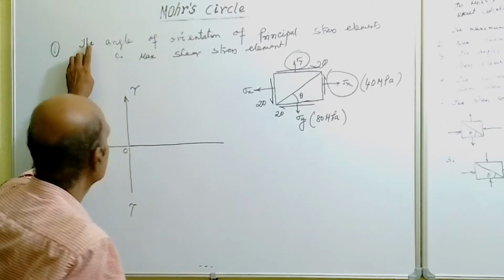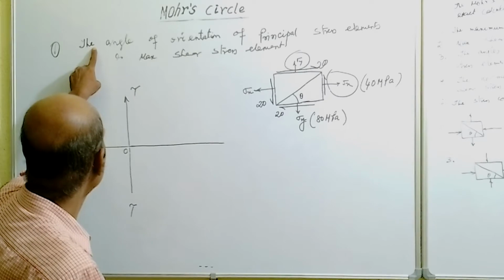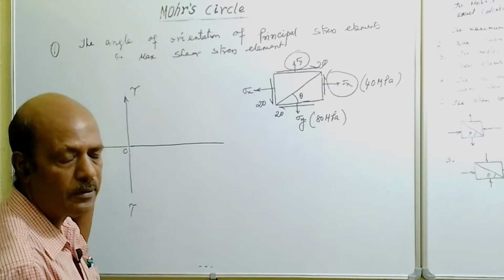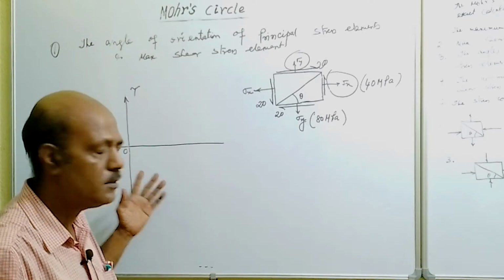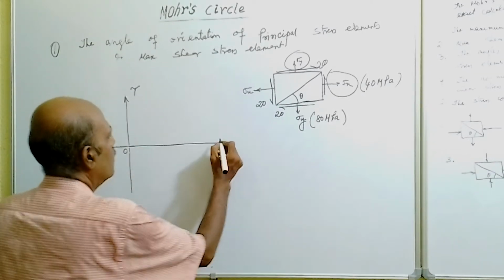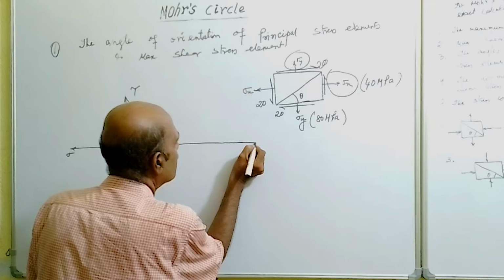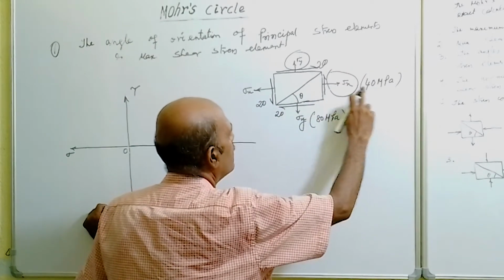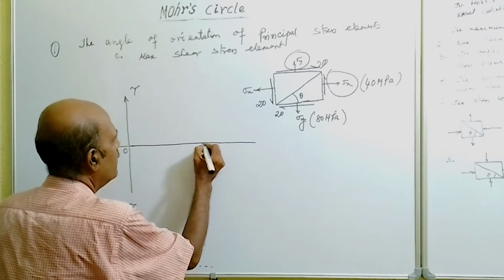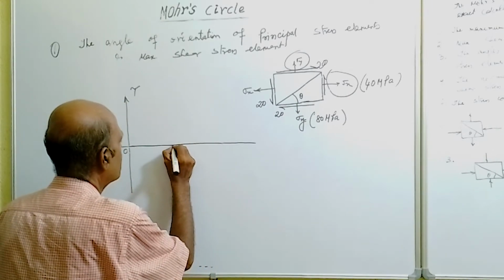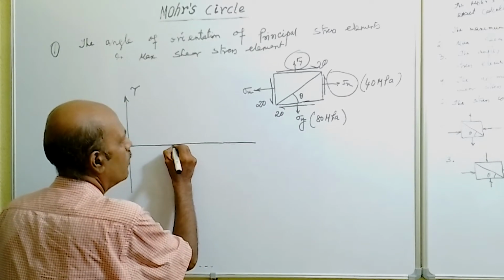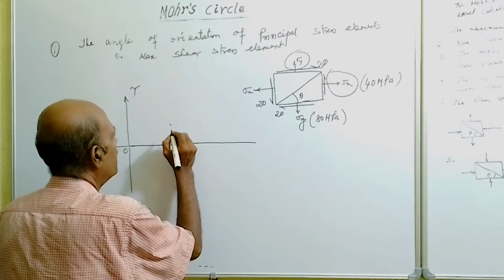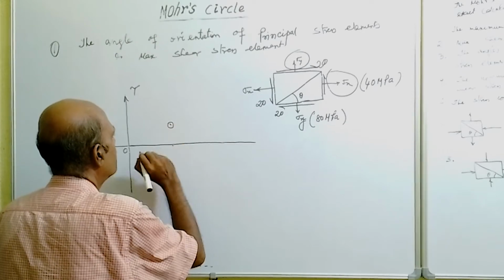So we are studying the angle of orientation of principal stress element and maximum shear stress element. For this, first draw the Mohr circle. From x face we have got 40, 20. So by some scale, 40 is positive, also 20 is positive.